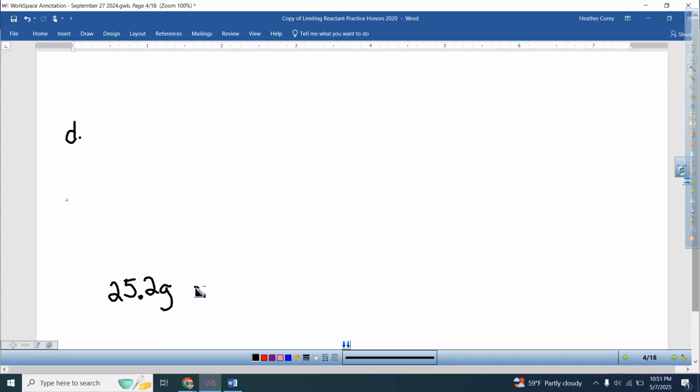And in this case, what we have here is excess NaOH again. So you're going to do your stoichiometry. You're going to take your limiting, go to your excess, take the total grams of NaOH, subtract the grams that react, and that's going to give you this final answer here.